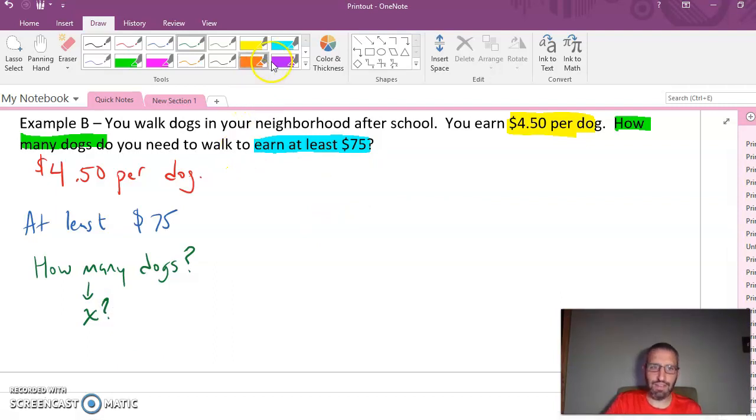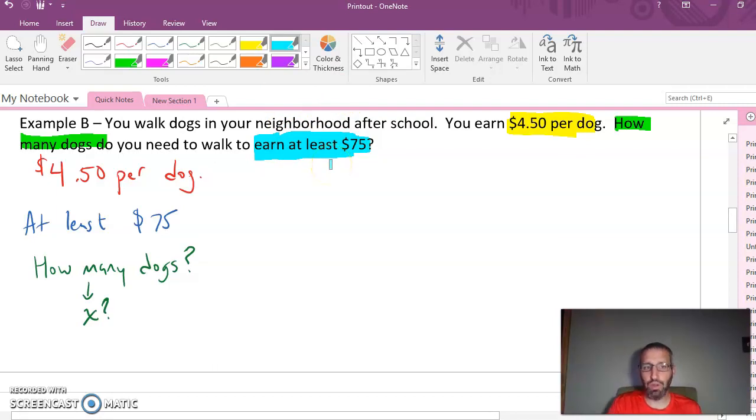At least $75. I'm going to start with that bit of information, okay? And I think I'm going to write an inequality here. And if I'm going to write an inequality, I want to get out that part that I think incorporates that inequality first and foremost. And that at least $75, excuse me, strikes me as the inequality thing.